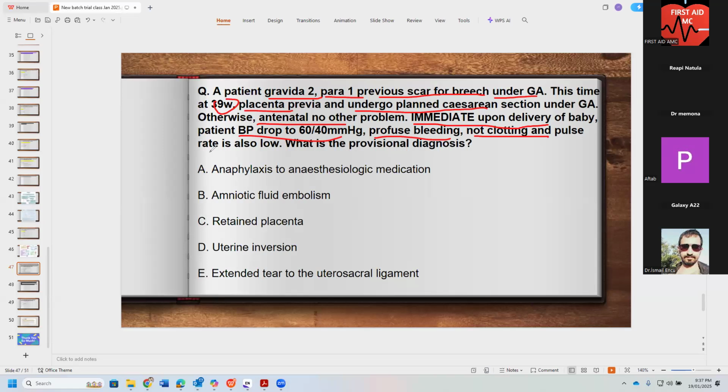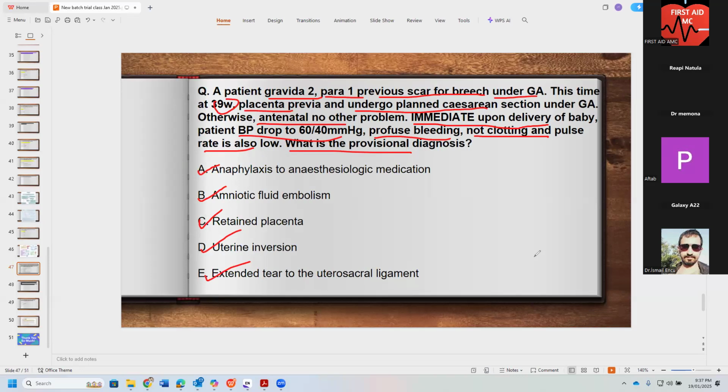It couldn't clot. Pulse rate was also low. What could be the cause of her emergency condition? Anaphylaxis to an anesthesiological medication, amniotic fluid embolism, retained placenta, uterine inversion, or extended scar to the uterosacral ligament.